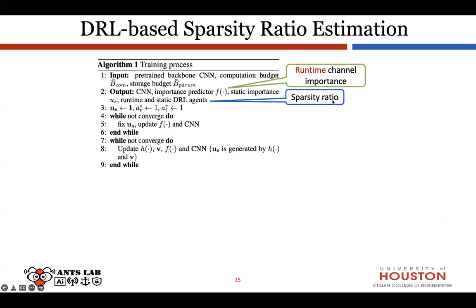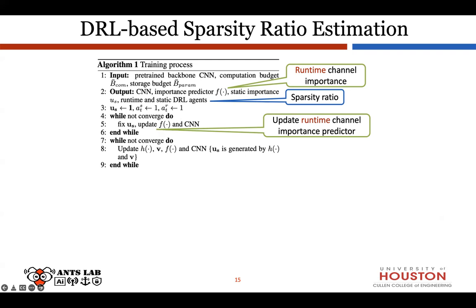The third step is we set the static importance vector equal to 1, and we set these two sparsity ratios equal to 1, 2. Then we will execute our training process. In step 5, we fix the static importance vector and update the runtime channel importance predictor.